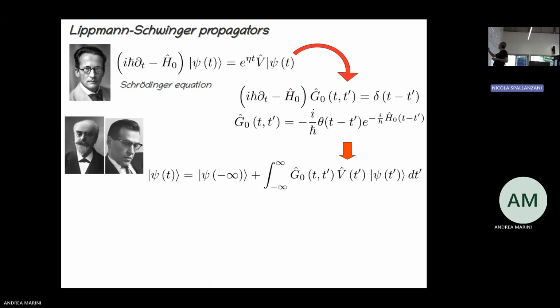This is just the trivial time evolution. The point is that the energy there is the full energy of the full Hamiltonian, which you don't know. It is unknown. So the time dependence is trivial, but the energy you don't know.